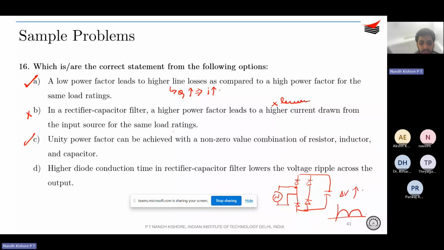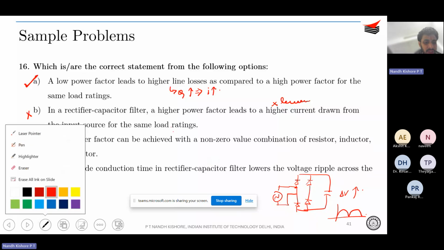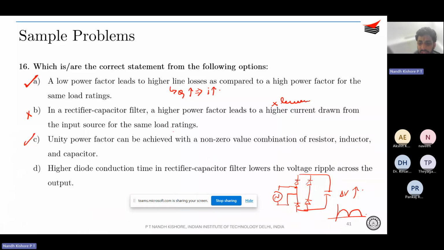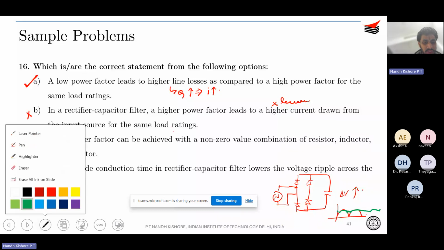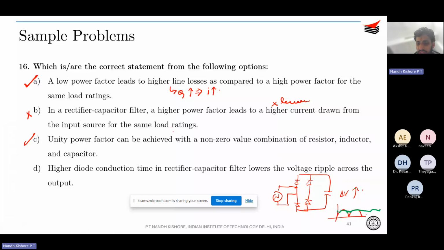If your diode conducts for longer, then what you will see is something like this in steady state. But if your diode conducts for a shorter period, you will see something like this. So the statement is of course wrong. Higher diode conduction means more capacitor voltage ripple.